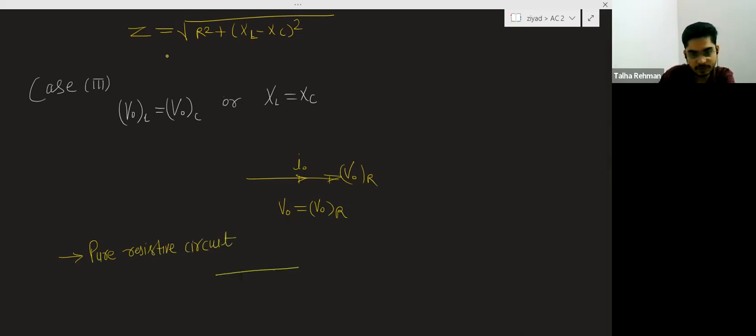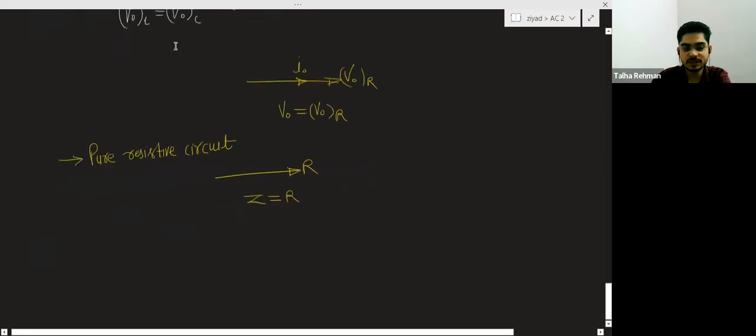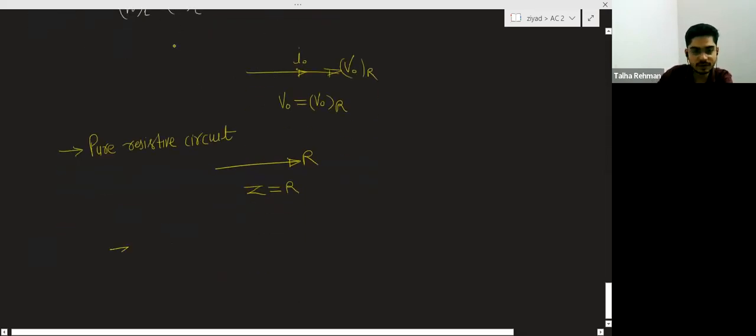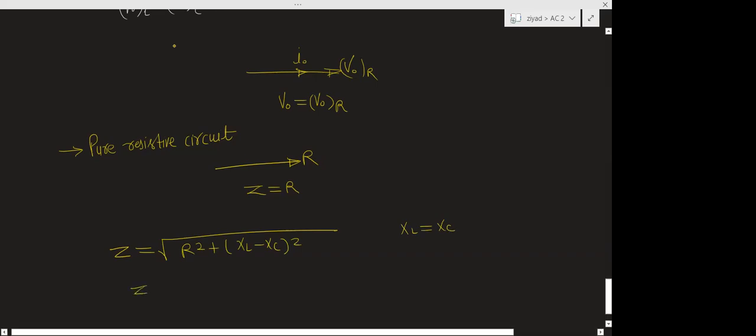There will be only resistance in the circuit, so the impedance of the circuit is equal to R. You can derive Z equal to R from this formula. What is the total impedance of the circuit? Z equals the square root of R square plus XL minus XC, whole square. But in this case, XL is equal to XC.